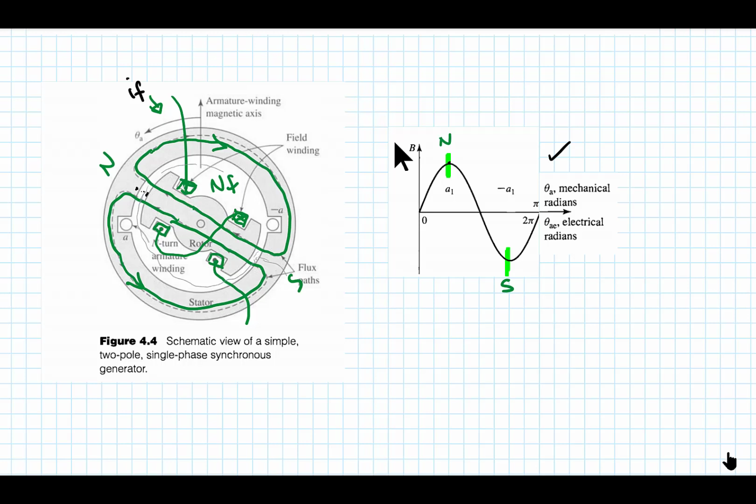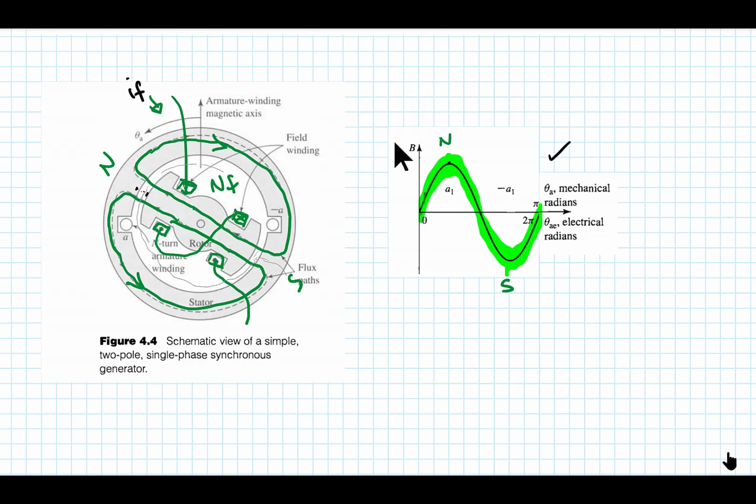What we will assume right now is that this rotor shape is such that it shapes the field distribution inside of the air gap to make it look relatively sinusoidal, like this picture right here shows.